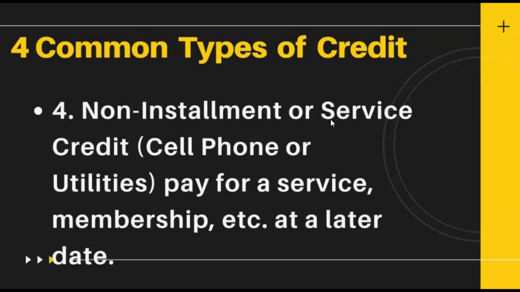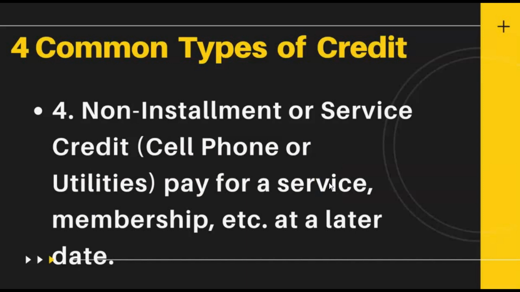And then the last form of credit that we would like to look at is what is called a non-installment or service credit. An example of this would be a cell phone or utilities. You're paying for a particular service each month. The amount of the service for the most part is the same amount.